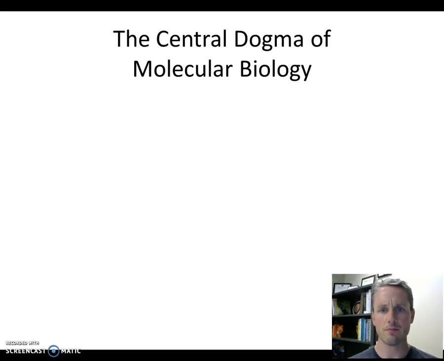It's probably easier to demonstrate this by showing it visually rather than trying to describe it with words. So let's build a diagram of the central dogma and what's going on.